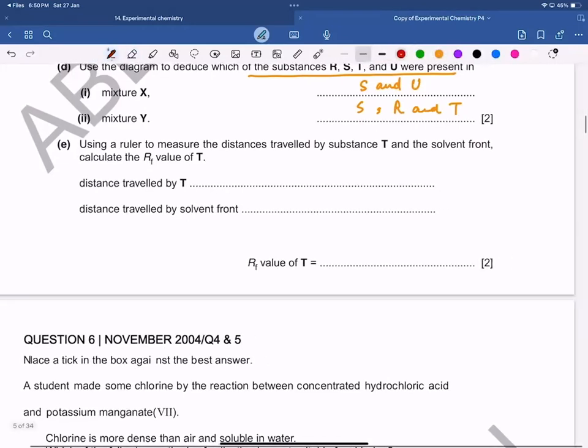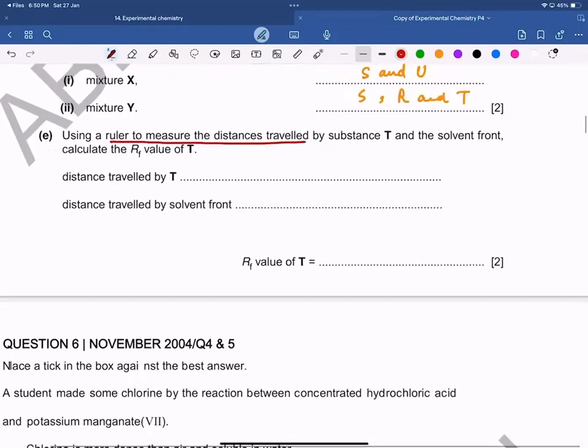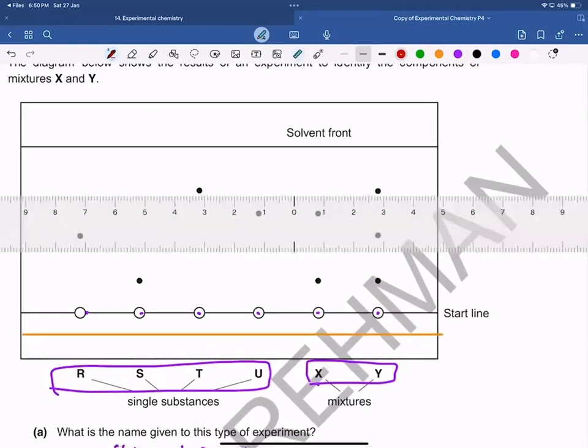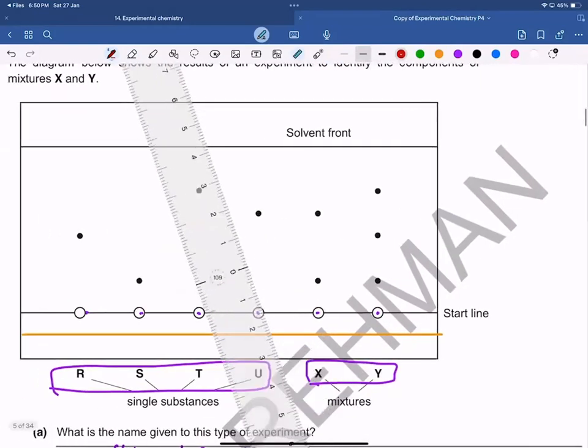Now see, using a ruler to measure the distance traveled by the substance T and the solvent front, calculate the RF value of T. In the exam you will use the ruler.